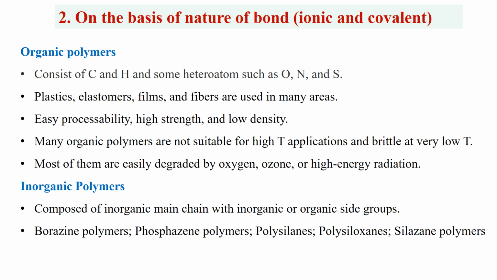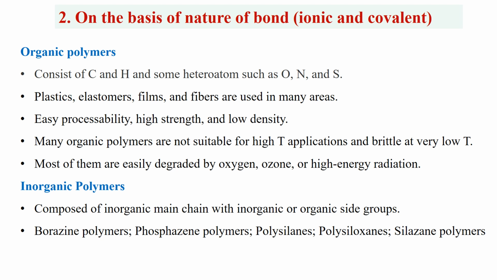but the disadvantage of many organic polymers is that they are not temperature resistant and cannot be used in high temperature applications. At very high and very low temperature they deteriorate, and most of them are easily degraded by oxygen, ozone, or high energy radiation, that is, they are oxidized.